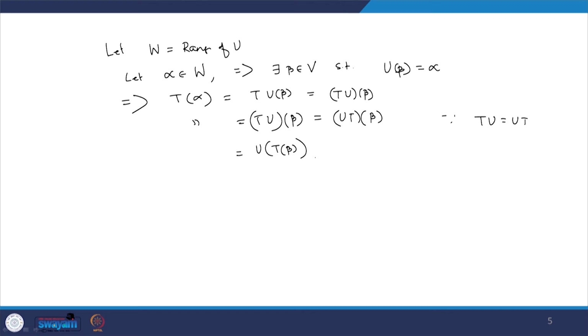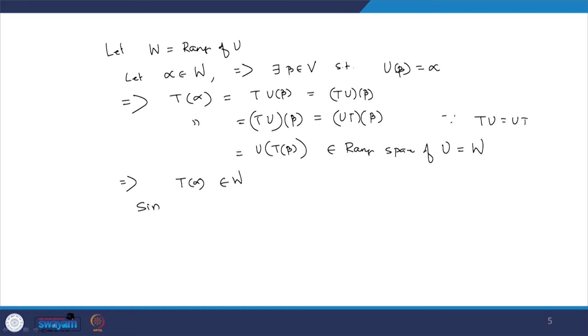So, this will certainly belong to the range space of U, that is W. So, T of alpha belongs to W. Okay. So, you see that the range space of U is invariant under the operator T.